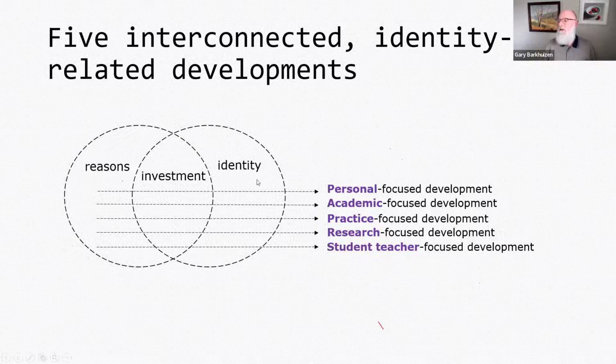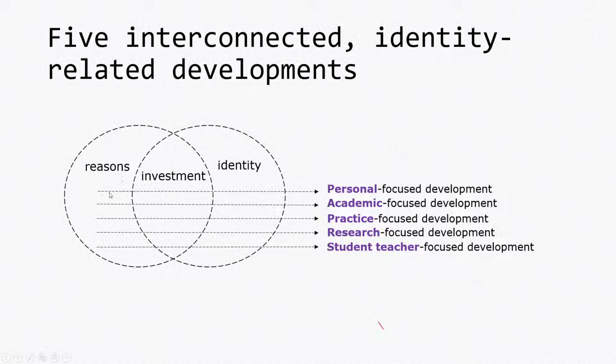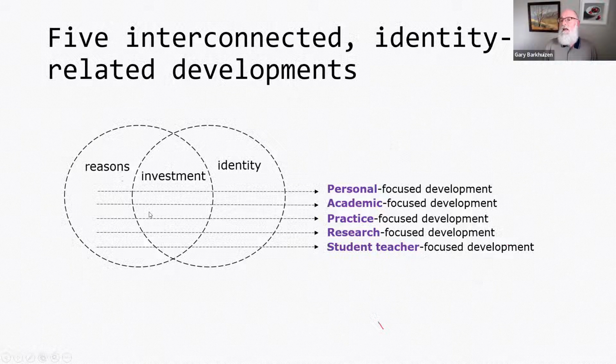And what I did was simply say that these reasons related to their investing in developing their professional identities in these 5 different ways. I'm sure there are other ways as well, but it relates to their teacher researcher identity, right?